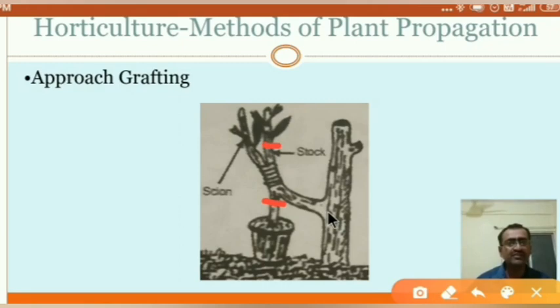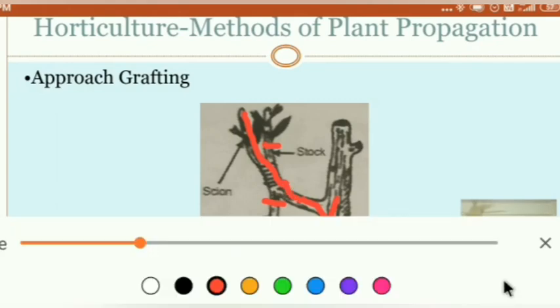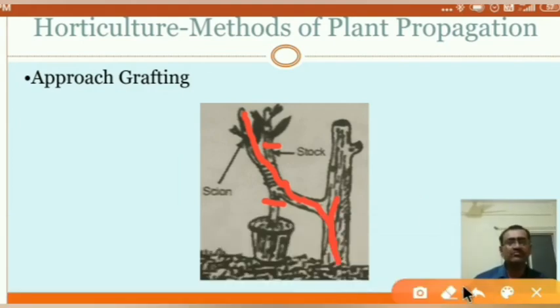In this way this is the root system, and that plant grows in this way. This is the new plant. This plant has the root system of the stalk and the shoot system of the scion. In this way the two plants lively combine with each other, and such type of grafting is known as approach grafting. Okay, this is about approach grafting.